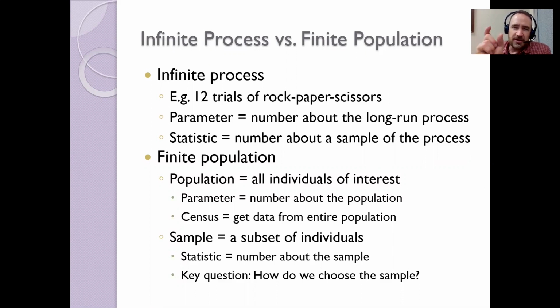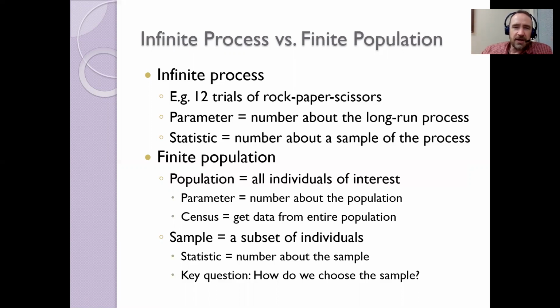And those 12 trials are a sample of that long process. The parameter in that situation is a number about that long run process. For example, we looked at what proportion of the time would someone throw scissors. The statistic is the number about that sample, just those 12 trials. So statistic about the sample, parameter about the whole thing.